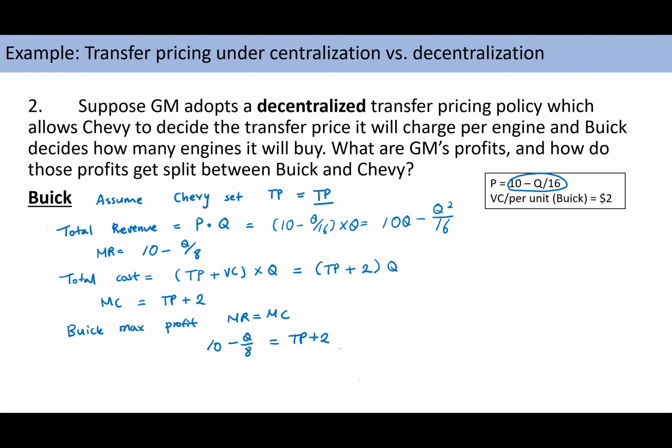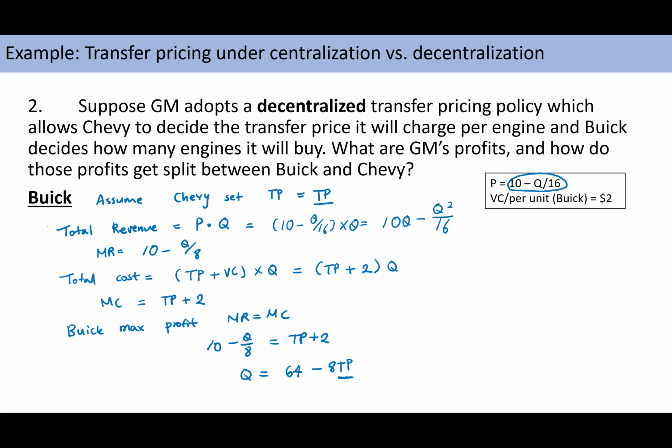And this helps us define Q with respect to TP. We shift around the numbers, and we know that the optimal quantity for Buick would be 64 minus 8 TP. So this means a higher transfer price would lead to Buick producing fewer cars or buying fewer engines from Chevy.